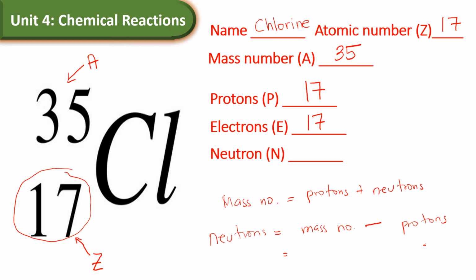The mass number of your chlorine is 35, and chlorine has 17 protons. So 35 minus 17, and you will get 18. So the number of neutrons that we have here is 18.